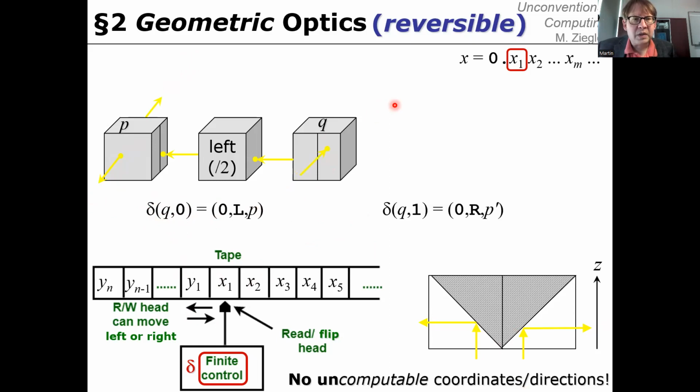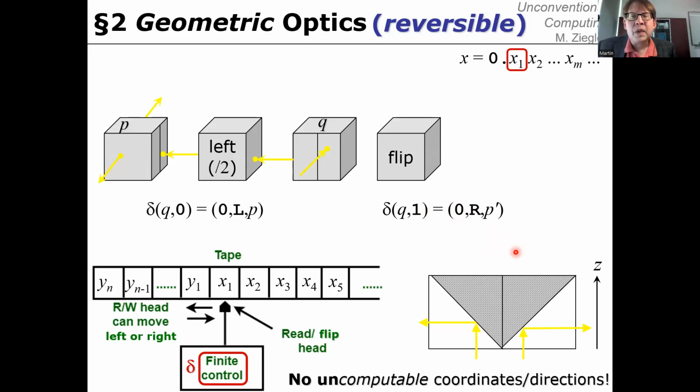And let's say that the rule for the Turing machine in this case is: change the bit 1 to a 0, flip it, and move to the right into state P prime. Then our optical computer will have a gate for flipping.